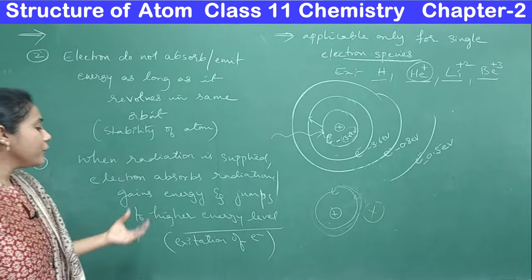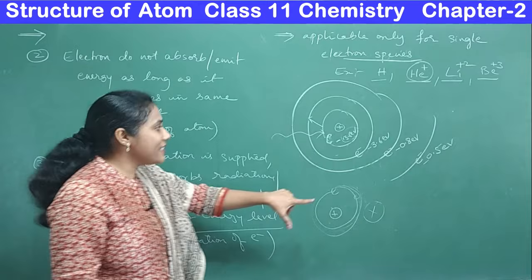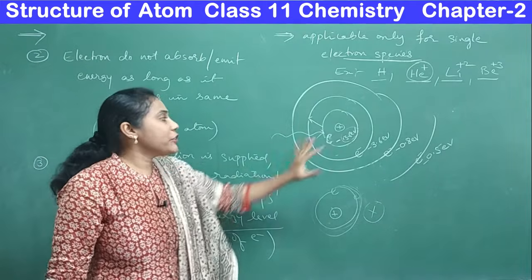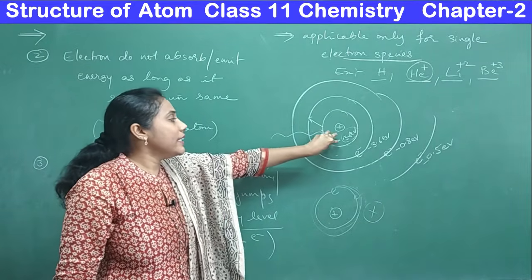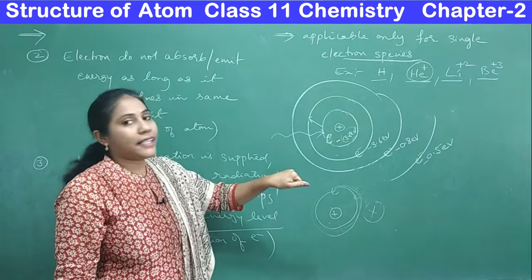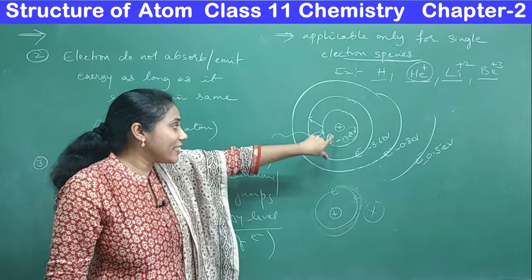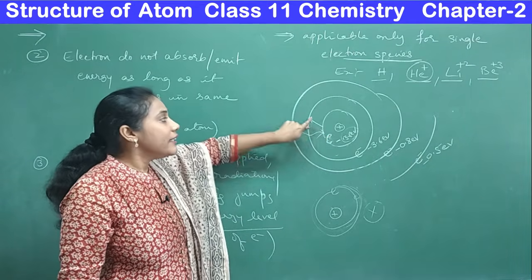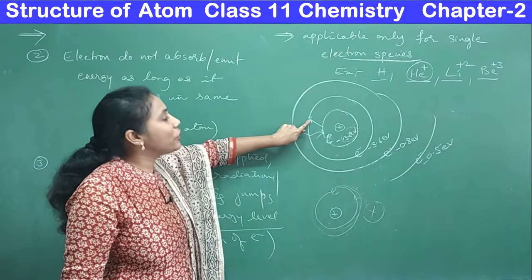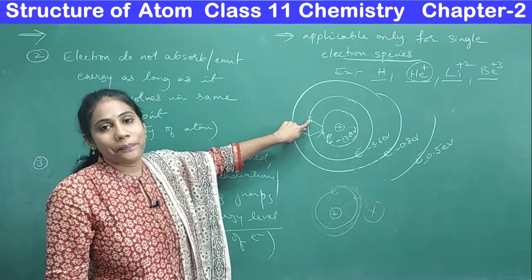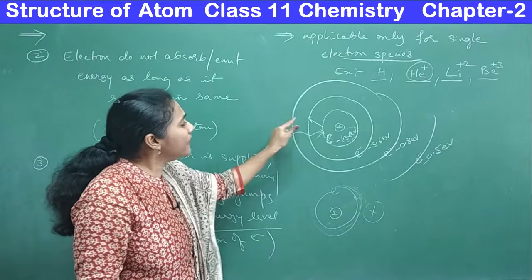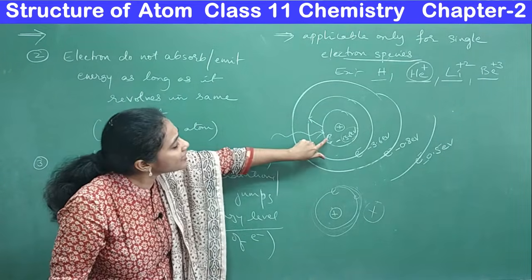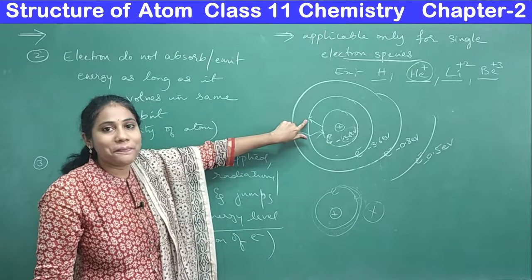So whenever I use the word excitation, it means that when you supply radiation from outside, a particular electron can absorb that radiation and its energy gets increased. Once its energy becomes more, it cannot stay here, so it will go to the next level. So how much energy is required for this electron to go to the next level?